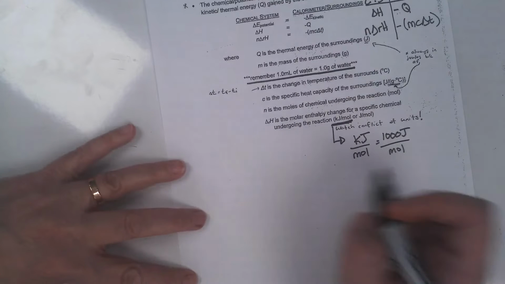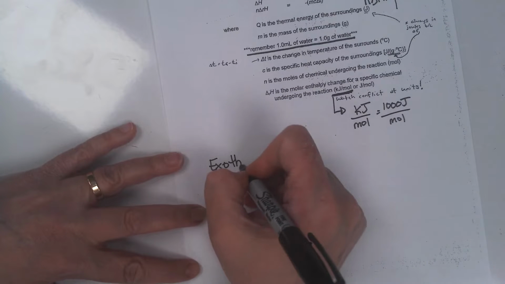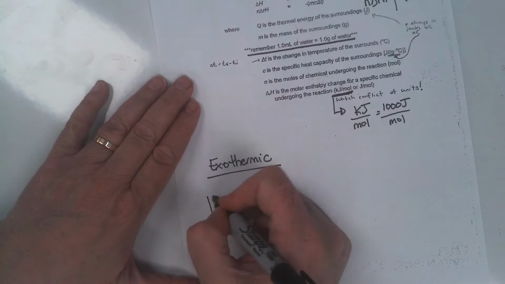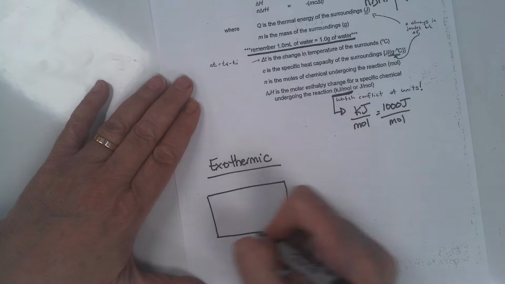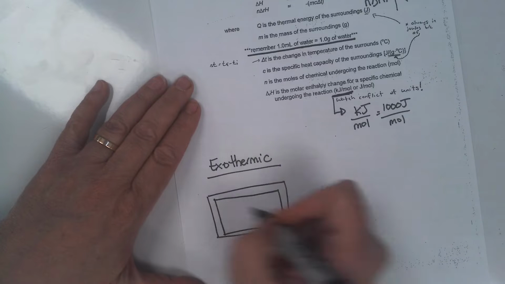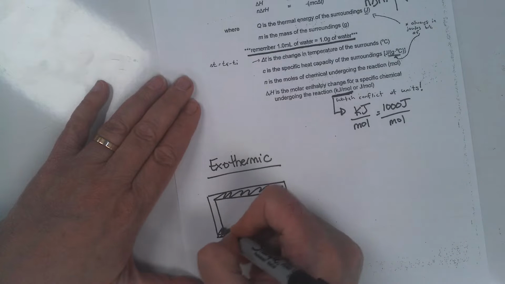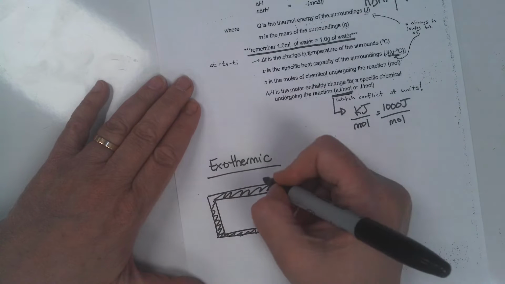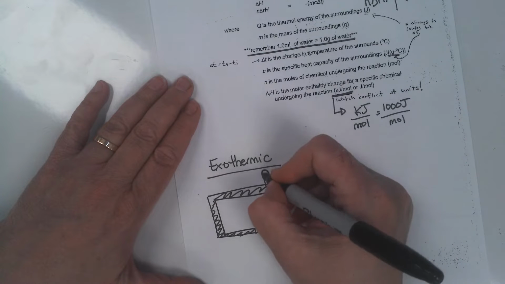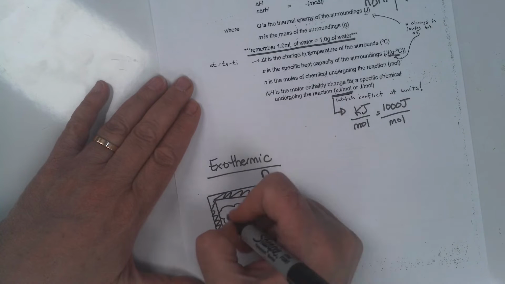And so this is what it would look like if we did it in a diagram. If we were looking at exothermic, we would have our chamber, and it would be sealed because it's an isolated system. And in here, we would have our thermometer. This piece here, this is our chemical system.